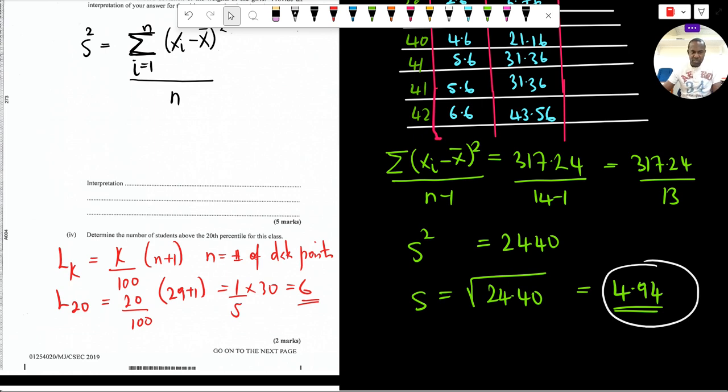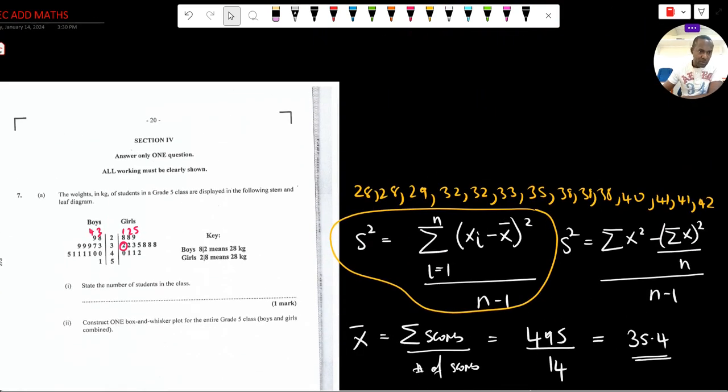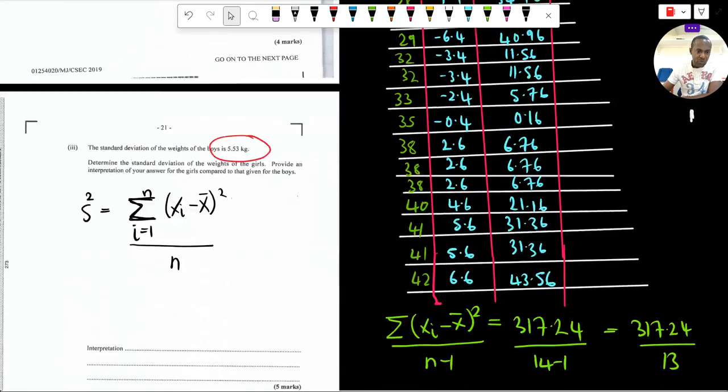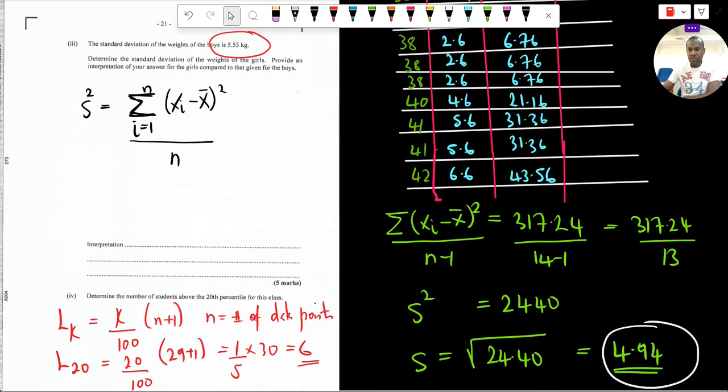But even though the values are slightly different, the interpretation, of course, will be the same, because the standard deviation for the girls' weights is still less than the standard deviation of the boys' weights, which therefore tells us that there is less of a spread among the girls' weights and that their weights are more centrally distributed about the mean. All right. So this is the end of this question. Question 7 from June 2019, CSEC AdMaths.